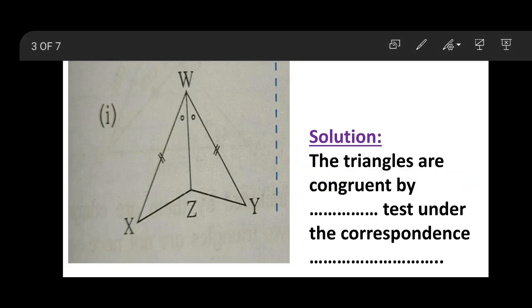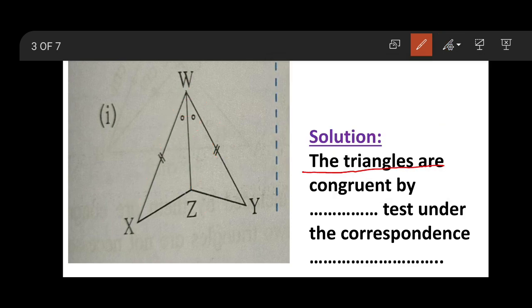Observe the figure. In this, two triangles are joined with the WZ side. It means the WZ side is common and congruent. You can observe this side is congruent to this side with these identical marks. These two angles are congruent and this common side is again congruent. So based on side angle side test, these two triangles are congruent. In your solution, how will you write?